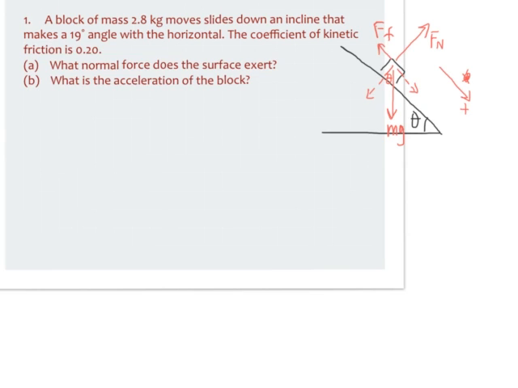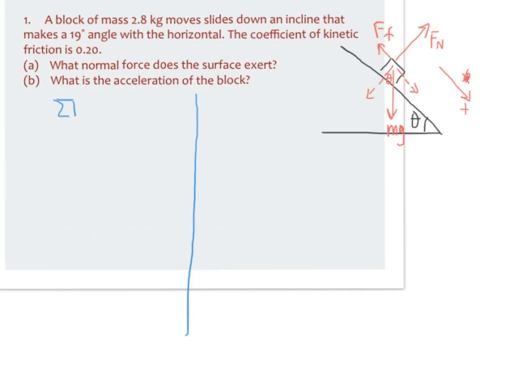So the questions are asking us to find the normal force and the acceleration. The normal force has to do with the perpendicular components, and the acceleration has to do with the parallel components. So we are going to have to take a look at both directions. Let me organize my space here. I'm going to divide my space into two parts. On the left side, I'm going to be looking at the perpendicular components.